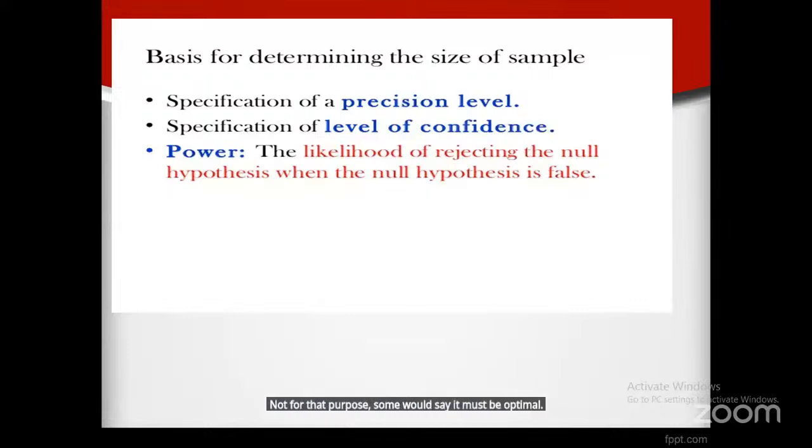And next, if the sample size is optimum, definitely the researcher has the power statistically. That means the likelihood of rejecting the null hypothesis when the null hypothesis is false.